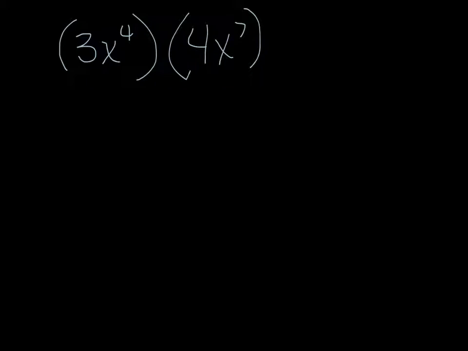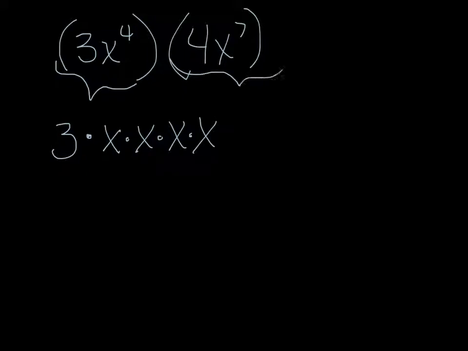Well, let's go back to remembering that when a number is next to a letter, what does that mean when there's no symbol? I just heard you all say it. It's times. Okay, so then let's write this out. Let's spread it out. 3 times, and then x to the 4th is x times x times x times x, right? So there's that guy.